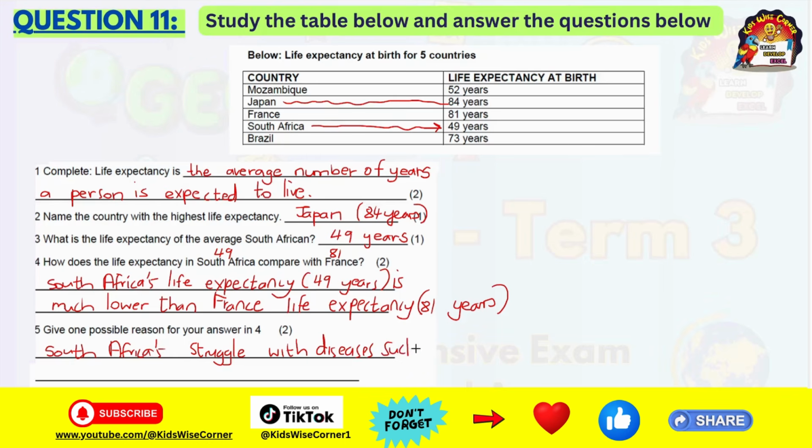And the diseases that we're struggling with, it could be HIV and AIDS. It could be TB and poor healthcare access.